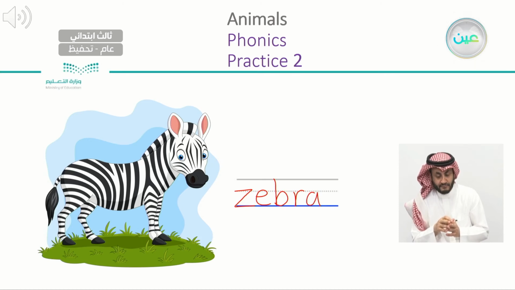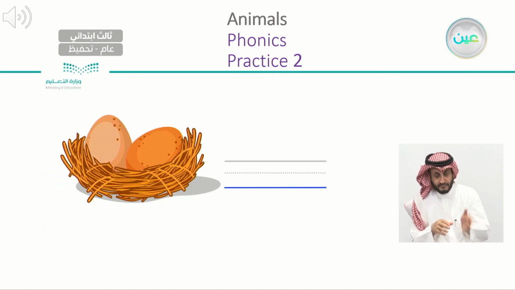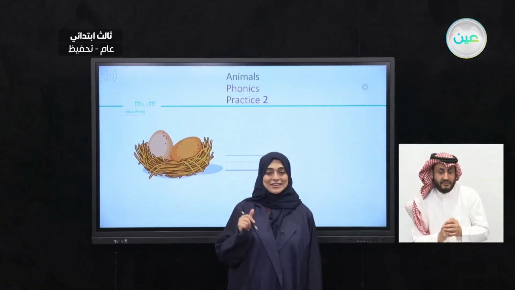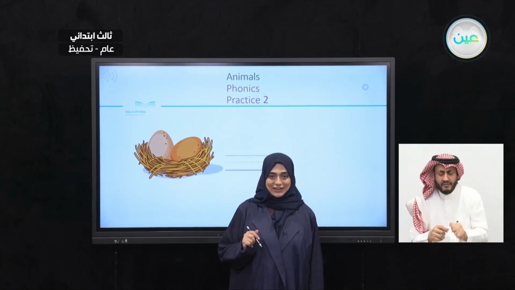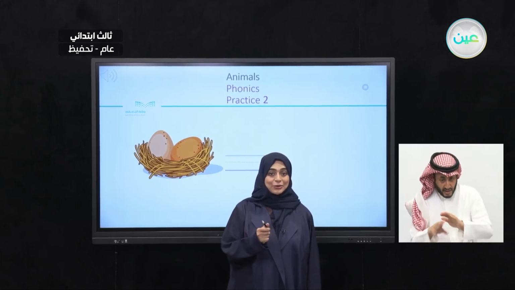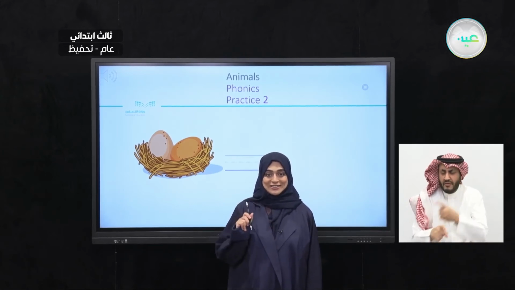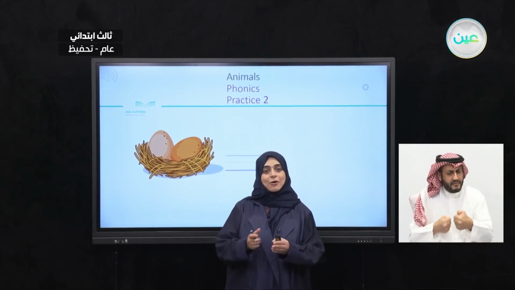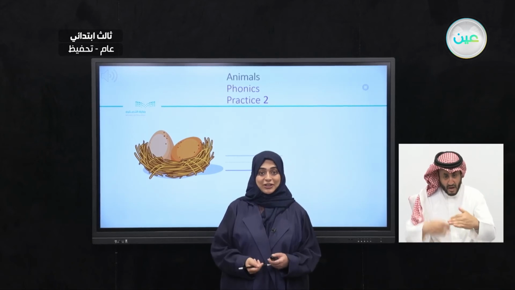Zebra. Now I want you to try and write this without looking. Okay? Did you write zebra on your own, or did you see me write it first? Challenge yourself. It's so much fun to challenge yourself and see how you can test your learning, right?